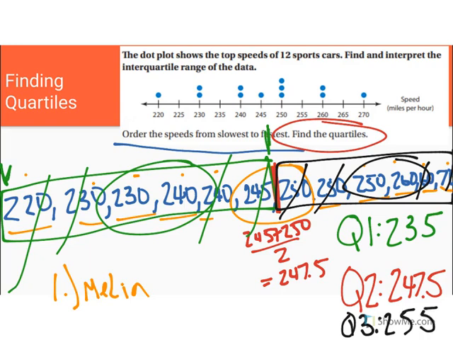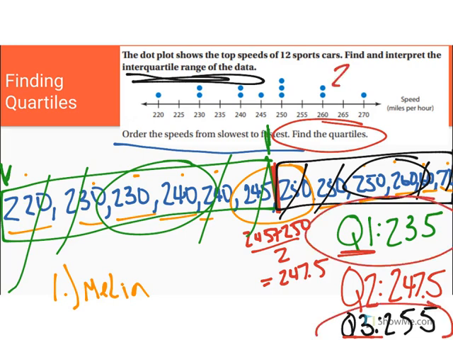So I've listed all of my quartiles, and now if it's asking me to find and interpret the interquartile range of my data, our definition was we're going to take our third quartile and subtract our first quartile. So 255 minus 235 would be 20. So what does that mean?